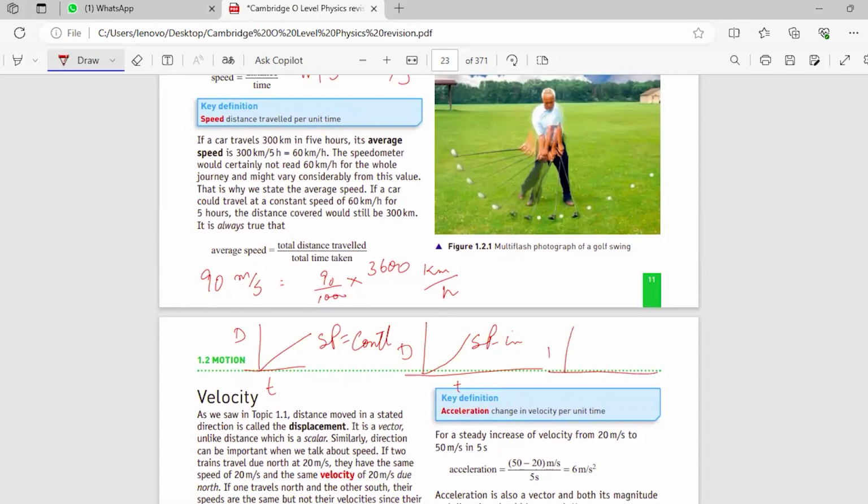And if the graph is like this, where the line is coming parallel to the x-axis, that means the speed is decreasing. And if there is a straight horizontal line like this, that means the distance is remaining constant with time, so the particle is at rest.